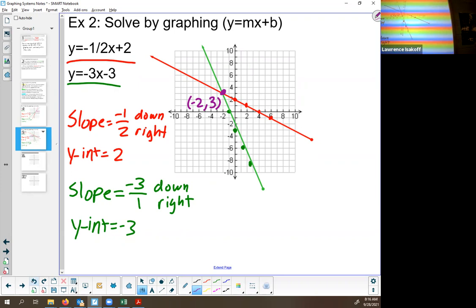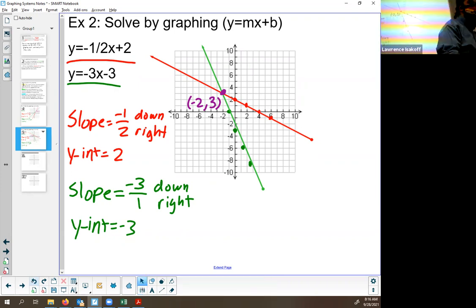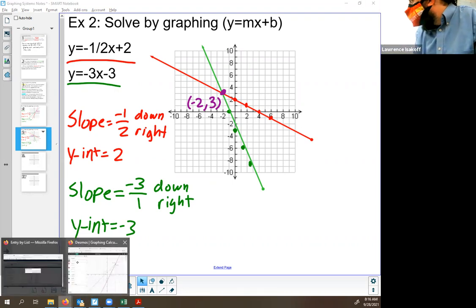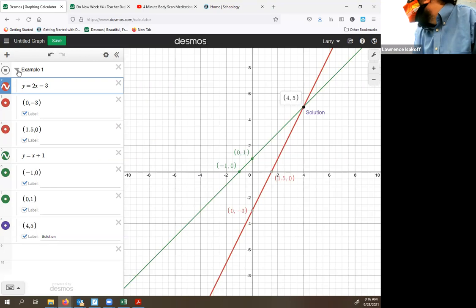So yeah, let's see. Yep, it looks like that should check out if I plug it into both. Then we can check this with Desmos. I can very quickly get to this on Desmos. And I'm going to say, take the time, call me over if you need help.